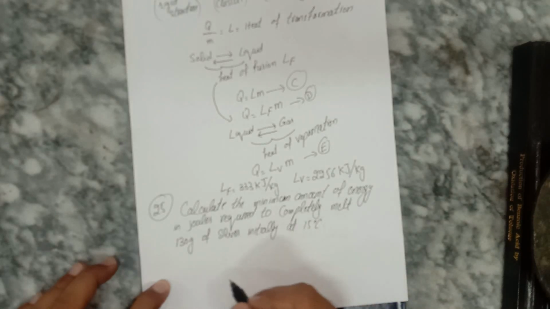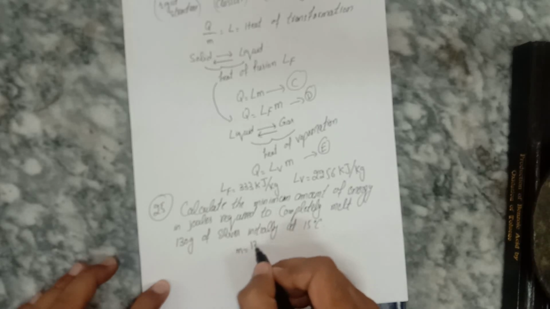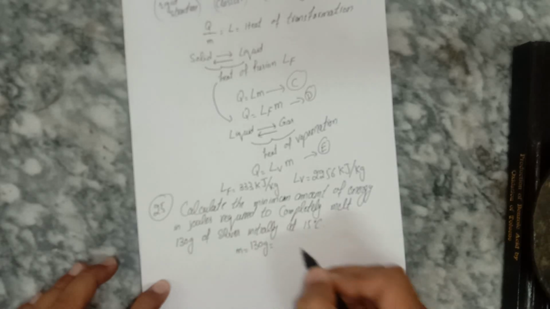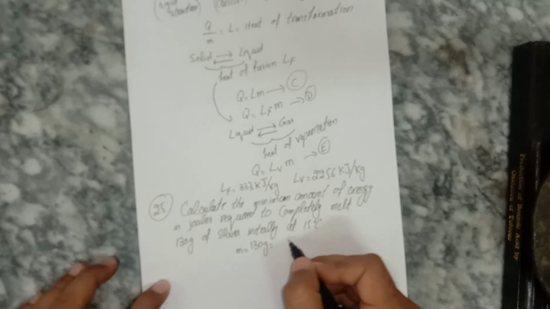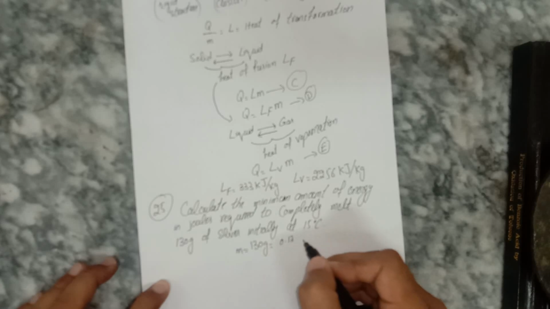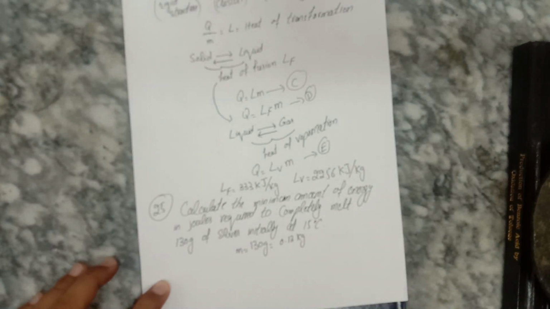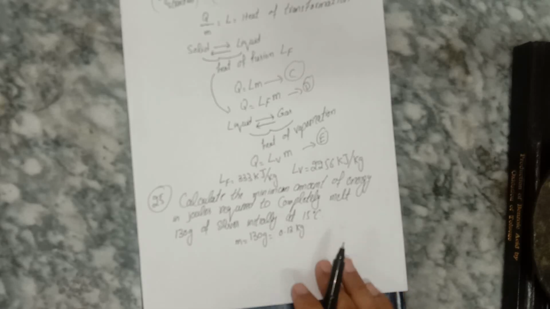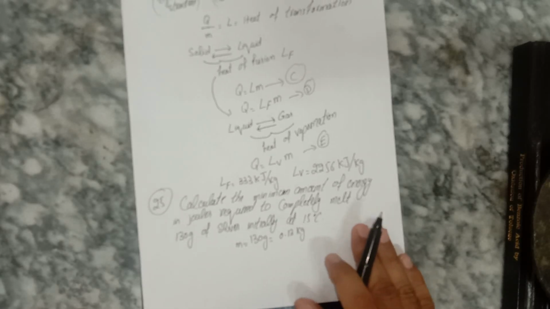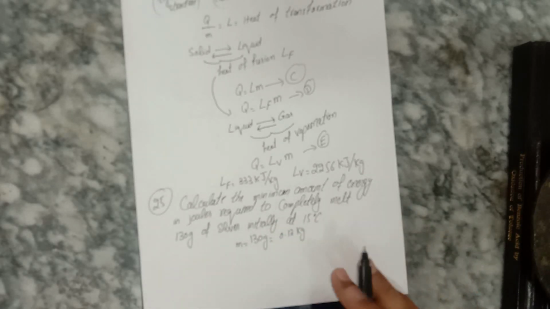By the given data, the mass is 130 gram, and I can change it into the standard unit by dividing it by 1000, so it would be 0.13 kg. And I need to know the latent heat, because I want to change it from the solid to liquid state.